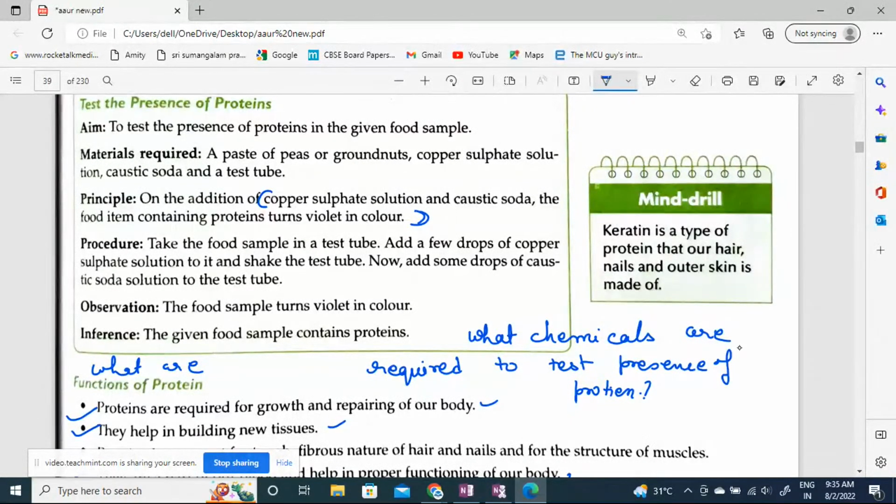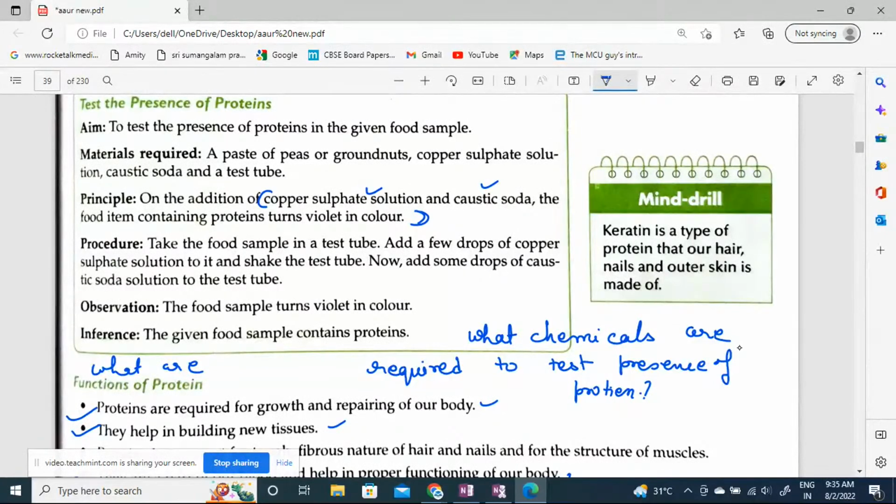So I think you can write the answer: copper sulfate solution and caustic soda. So what happens? There is one more question: what happens when we add copper sulfate solution and caustic soda?